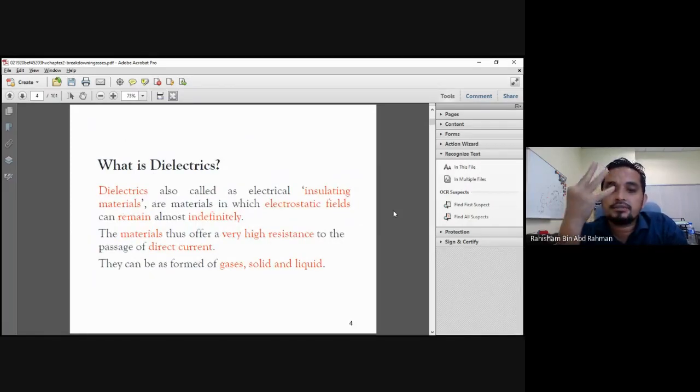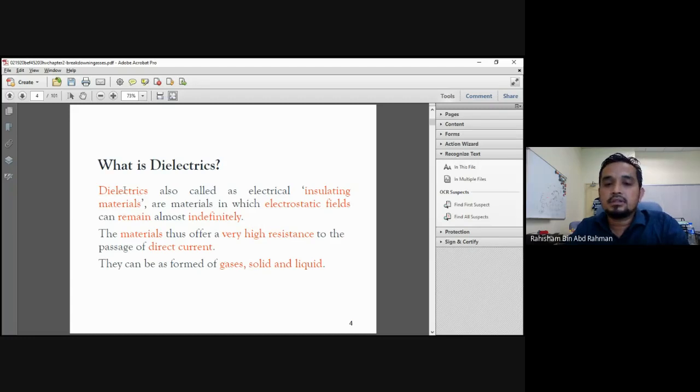There are three main categories of dielectric material. A quick recap: we have gas, liquid, and solid. All of these dielectric materials have their own function for certain applications and devices. They are used depending on the application.